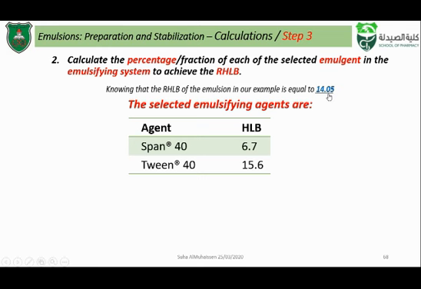If the required HLB is 14.05, as we calculated, can we use Span 40 with HLB value of 6.7 and Tween 40 with HLB value of 15.6? The answer is yes, because one of these emulsifying agents has an HLB that is smaller and the other is larger than the required HLB.